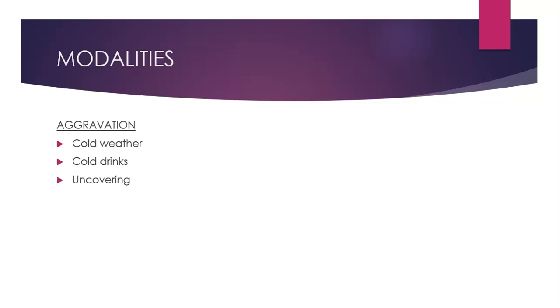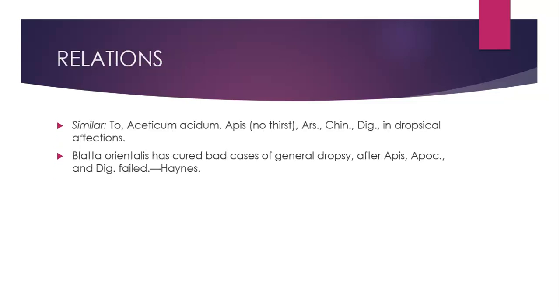Speaking of the aggravation, you have cold weather, cold drinks, and worse during uncovering. So somewhat it is showing a chilly nature. In relations, you have similar to acetic acid, Apis, because it's dry dropsy. You also have relations to Arsenicum, China, Digitalis in dropsical affections.